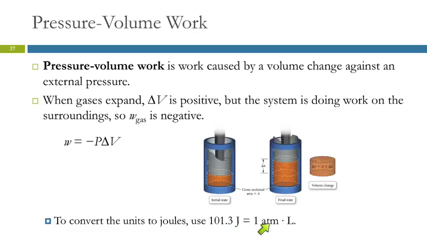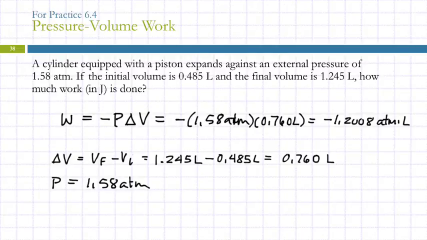101.3 joules is equal to 1 atmosphere liter. That's 1 atmosphere times 1 liter, because the numbers multiply. Yeah, it's weird, I know. So let's just do that down here. So negative 1.2008. How many sig figs did that have, by the way? 101.3.